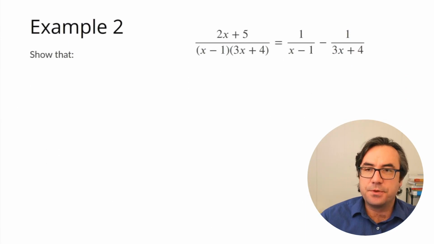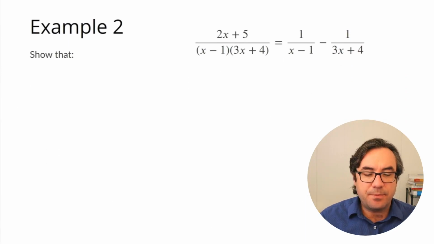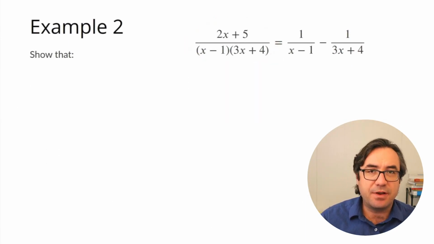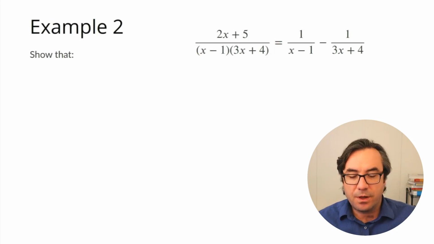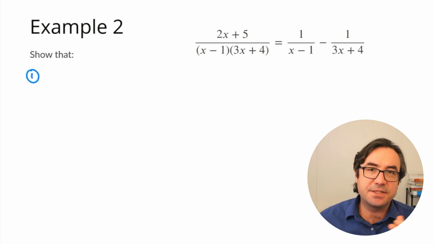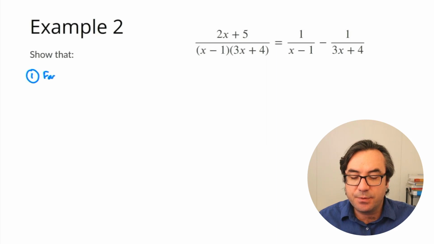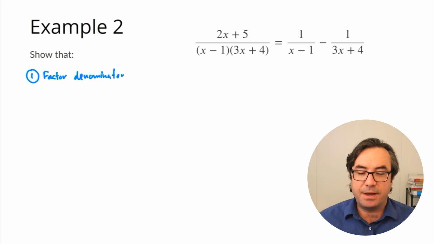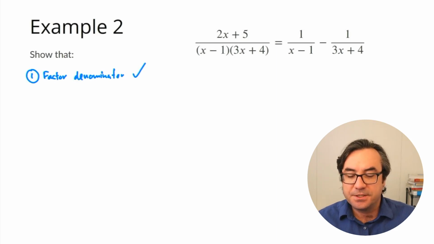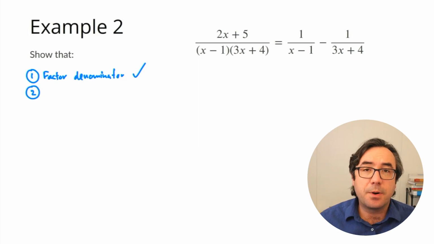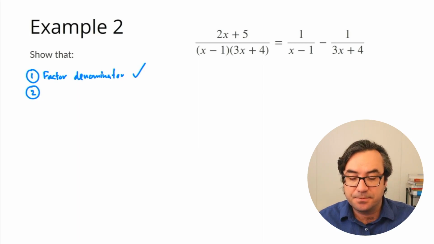All right, so let's go through this process. How do we do the partial fraction decomposition of a rational function like this? Well, the first step, and in this case it's already done, is we want to factor the denominator. So that one's done for us here. Second step, we want to write out our partial fraction decomposition.